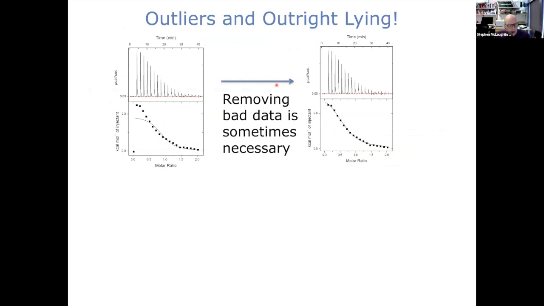So sometimes when we think about whether all the data is good, sometimes you have to remove outliers. But how do you judge what's an outlier and what's outright lying? So in ITC, you always get this initial point here, which you have to take out.